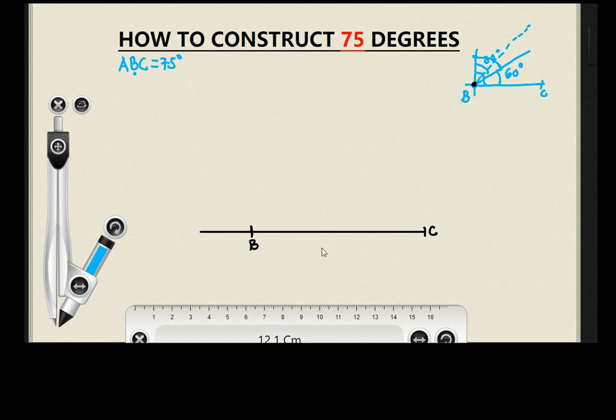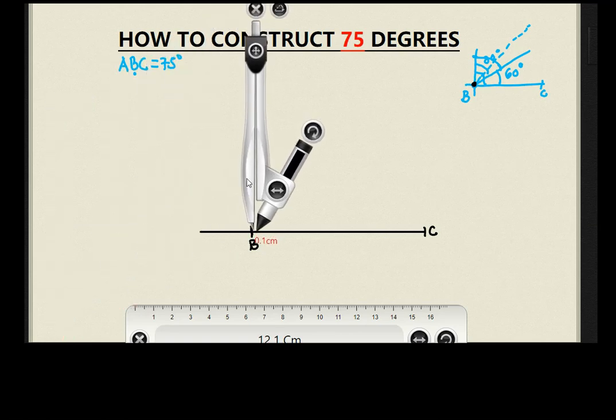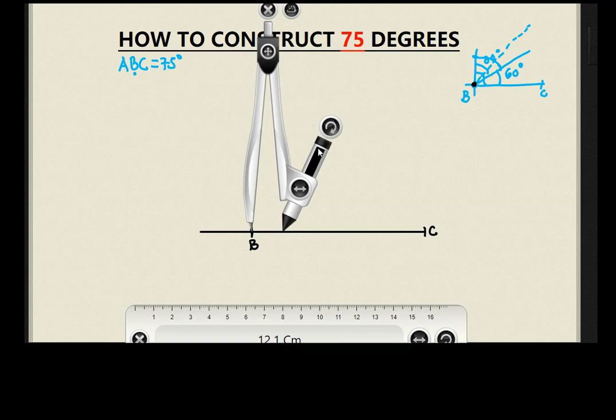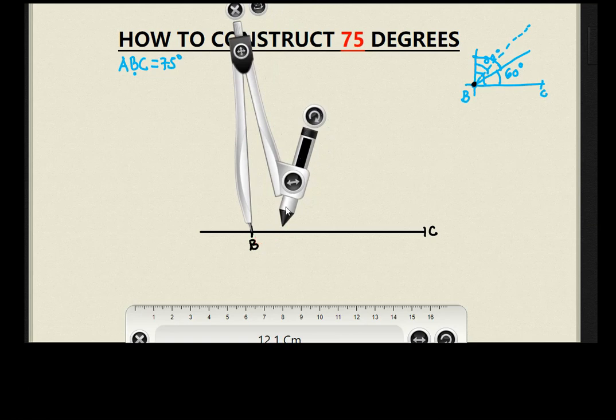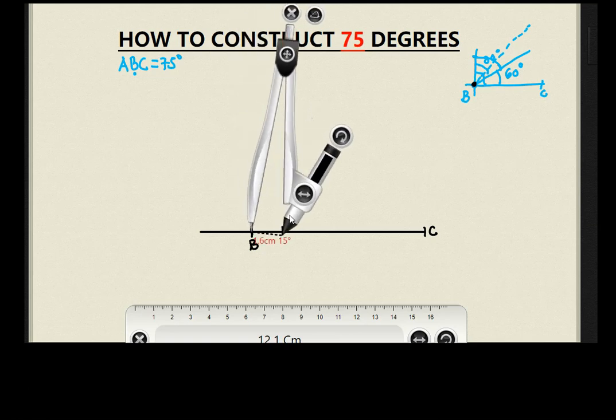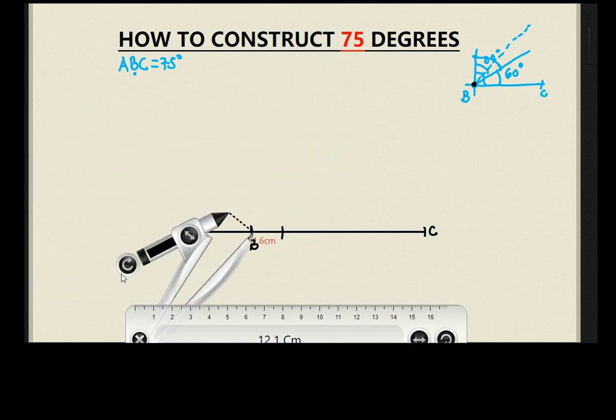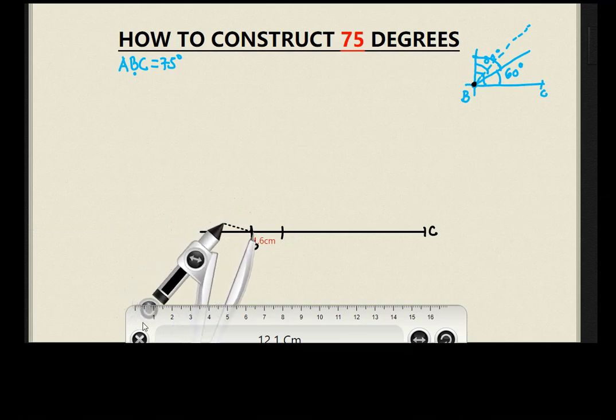So in order to construct 90 degrees, we bring our compass, adjust the radius in front of that point B. We draw a small arc like this, and then again we'll draw another arc behind that point that we're talking about.